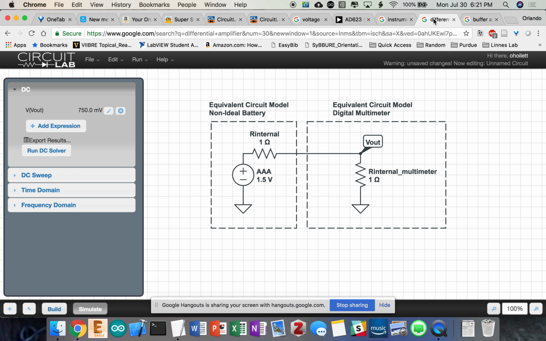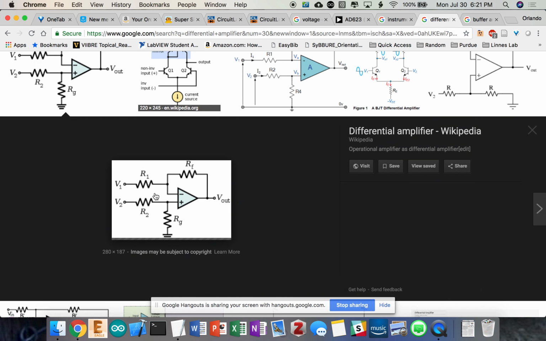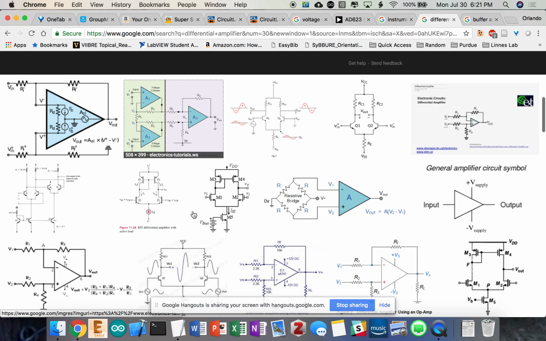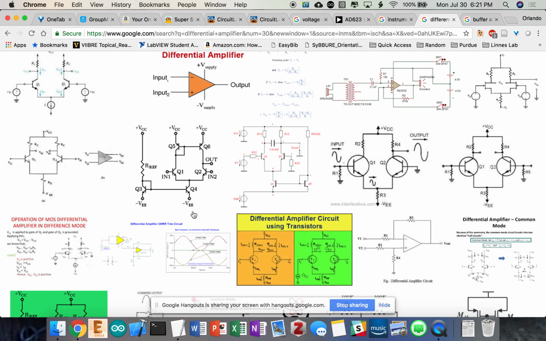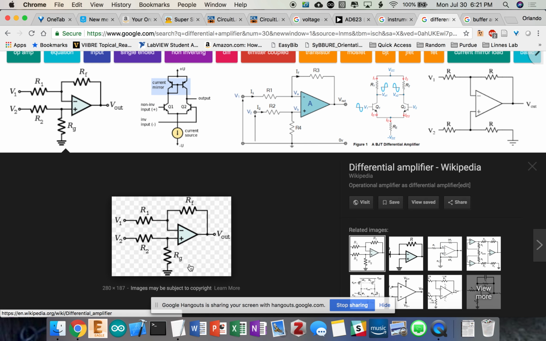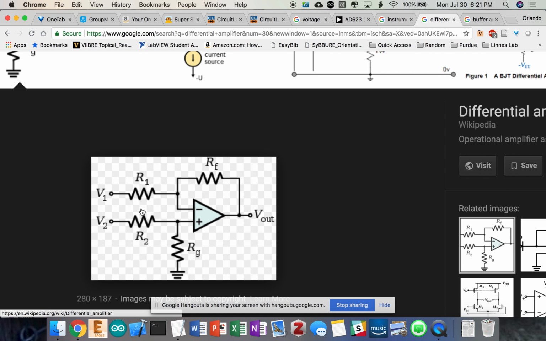Okay. Yeah. And then we have differential amplifiers, which do exactly what they sound like. You essentially take two input voltages, V2 and V1, and subtract them. Based on how you configure the resistors, you can get different gains.